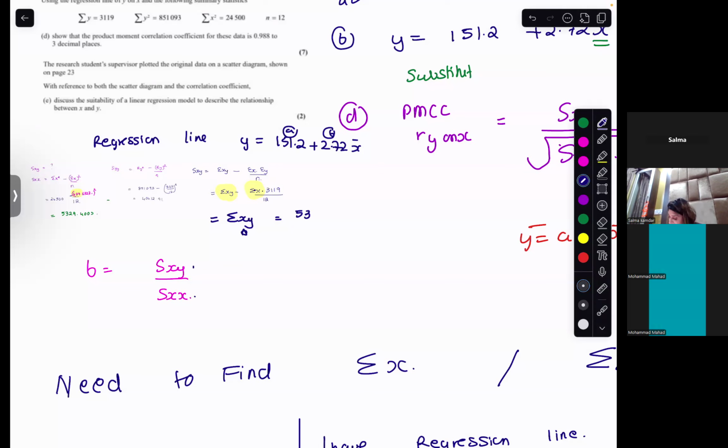I'm not getting sxy, so I use this b. I know my b is 2.72. I don't know sxy, but I know my sxx is 5329.4005. So to get the sxy, I will use sxy is equal to b into sxx.